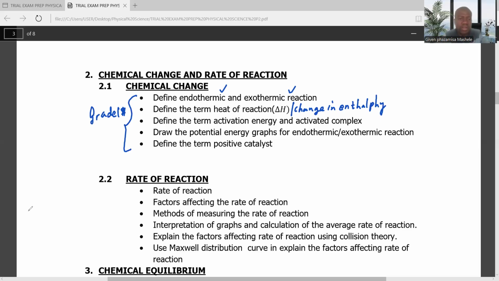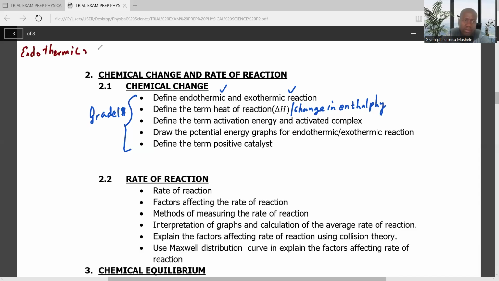Now let's start with the chemical change. First of all, I'll define what is an endothermic and what is an exothermic reaction. So it's very important to be able to know this definition. What do you mean by an endothermic reaction?